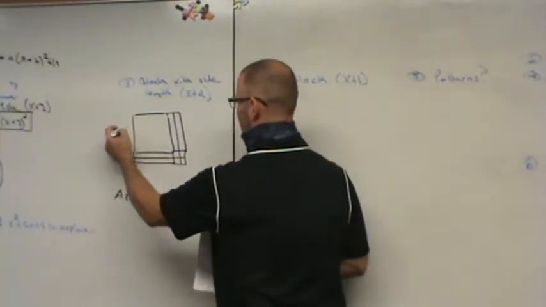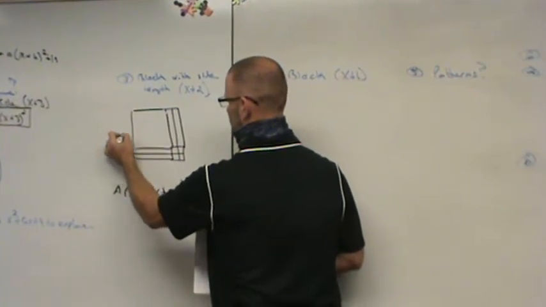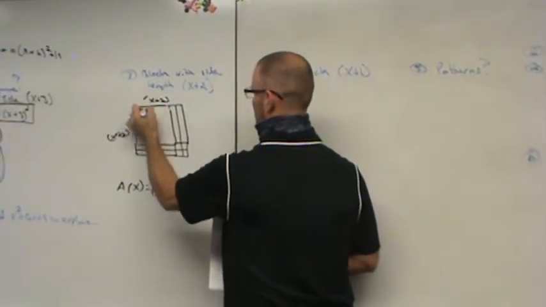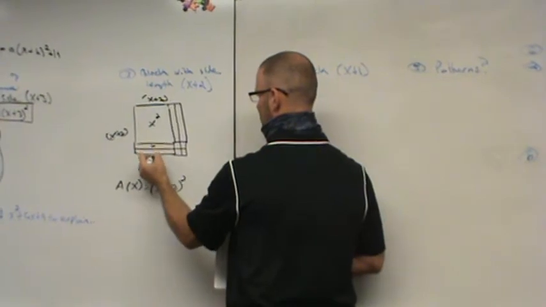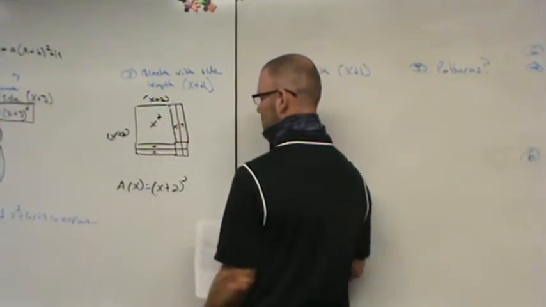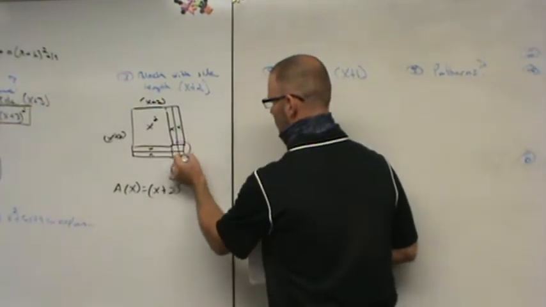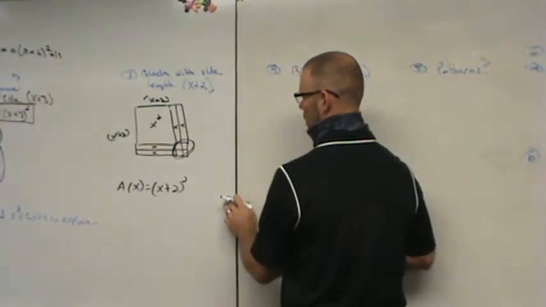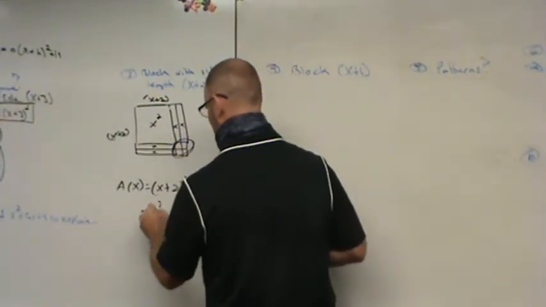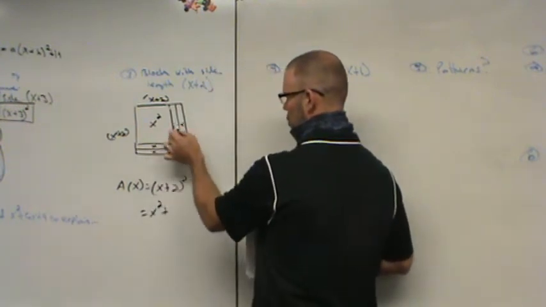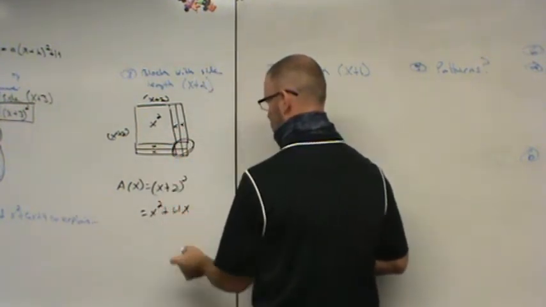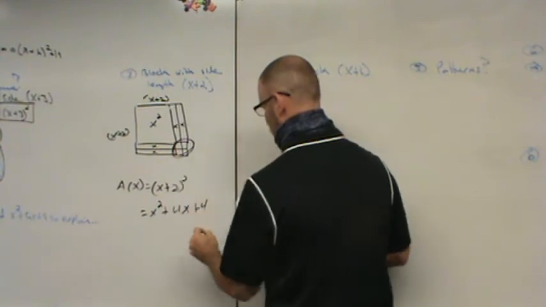Well, find the area of all your other sections. x squared. This is x, this is x, this is x, this is x. If it was in the previous, it better be here. And then my constant is right here. So I get x squared plus 2 groups of 2x, which is 4x total, plus 4.